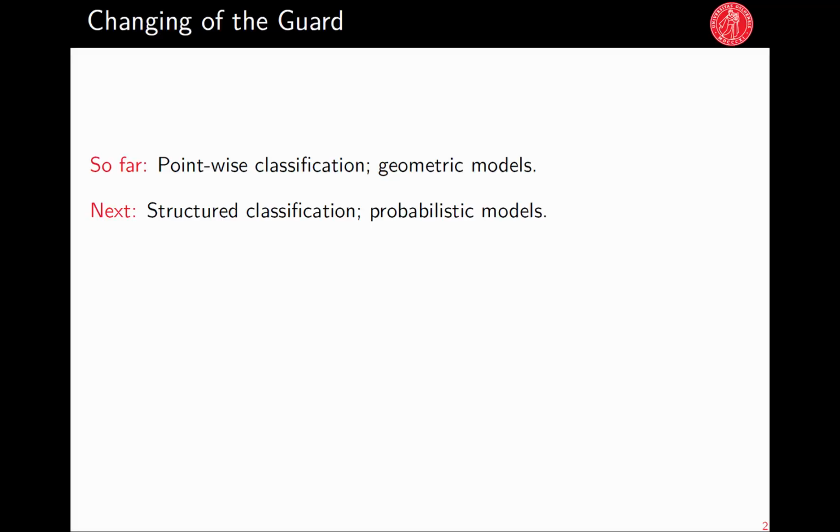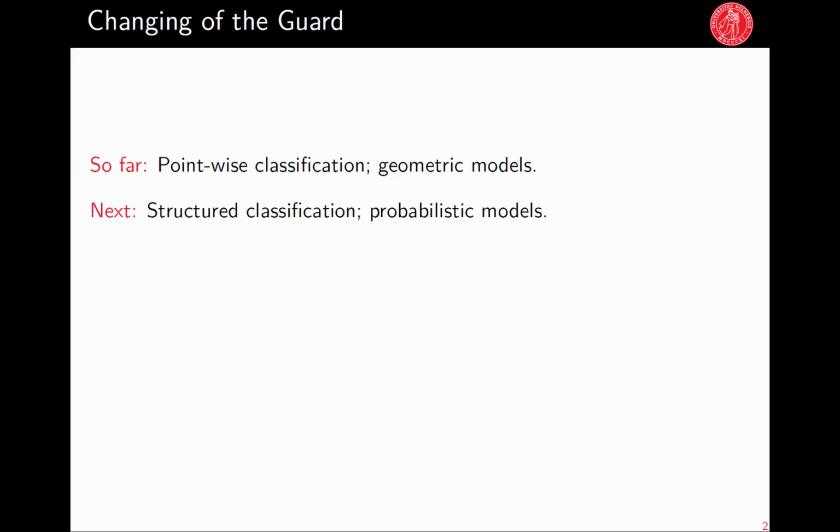So far in the past 3 lectures, Erik has introduced you to what we call point-wise classification, one classification decision independently of, well, one decision at a time. And the focus has been on geometric models, the vector space metaphor.